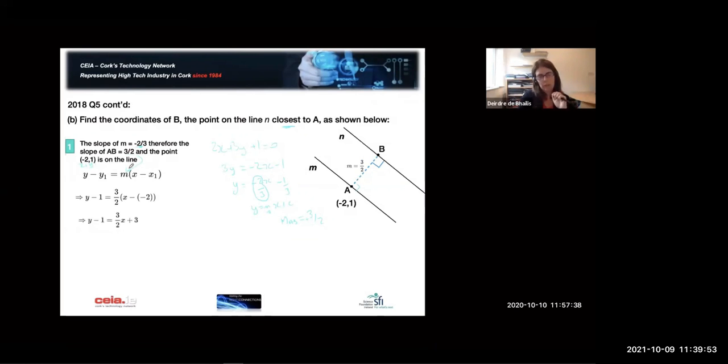And we get y minus 1 is equal to 3 over 2 times x plus 3. 2y minus 2 is equal to 3x plus 6. And that gives us the equation for AB, which is 3x minus 2y plus 8.